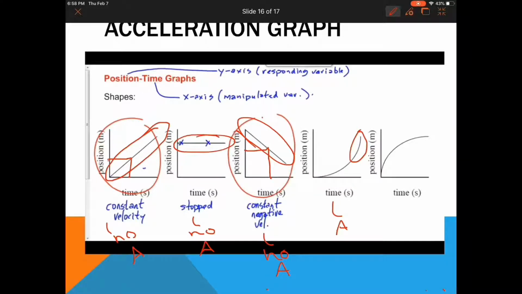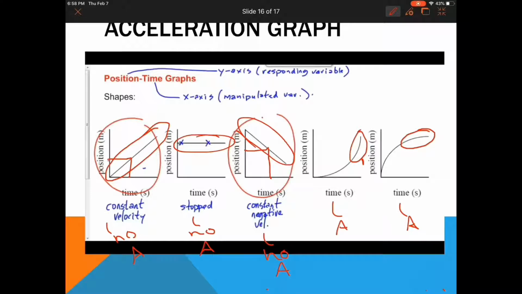And the last graph. This one has a bow that is facing towards the y-axis. So this one does as well show acceleration. And this one is in the form of slowing down, because as you notice, near the end here, it's taking more time to go a smaller distance than it was with the fourth graph here.